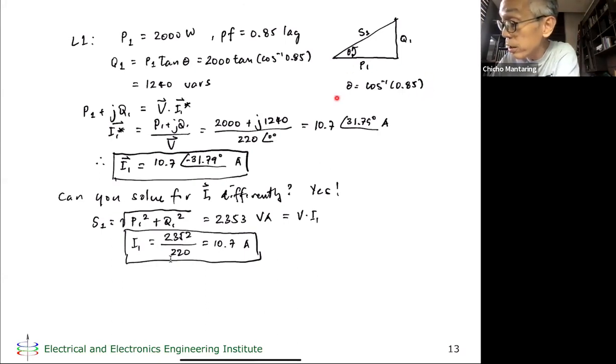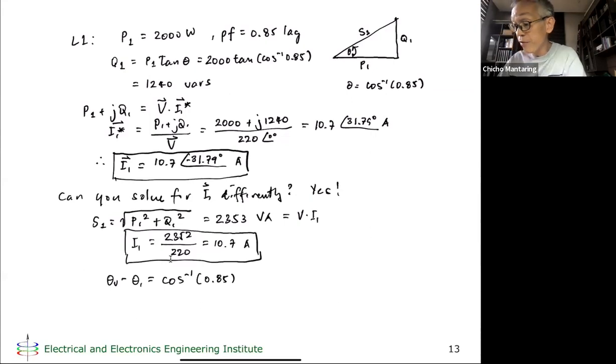I have to compute theta V minus theta I, which is going to be equal to arc cosine 0.85. That's 31.79 degrees.